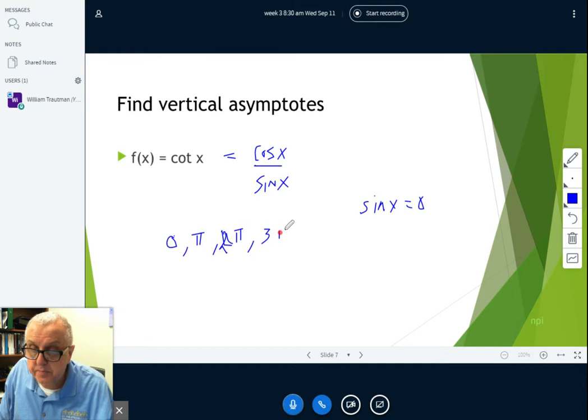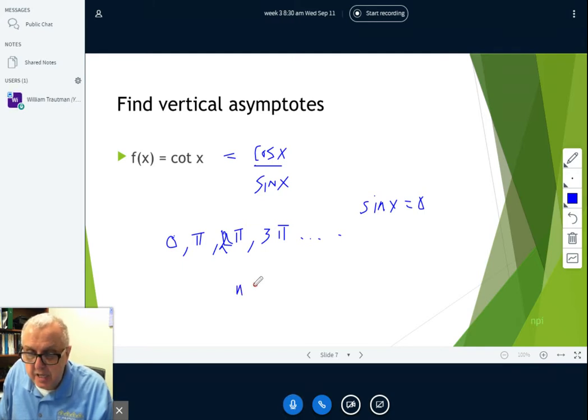3 pi. And so on and so on. One way of writing that, let's see, if we start at 0, it's n plus pi. I guess you could write it n plus pi and call this n equals 1, n equals 2, n equals 3.